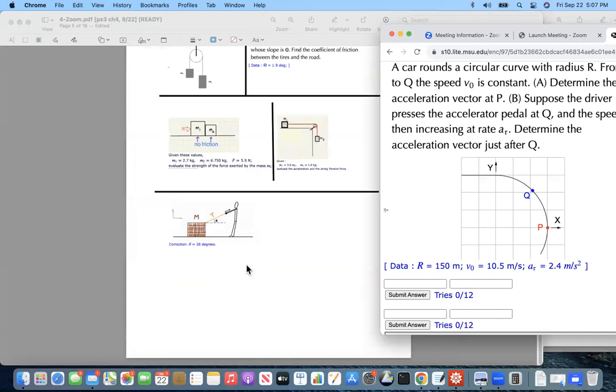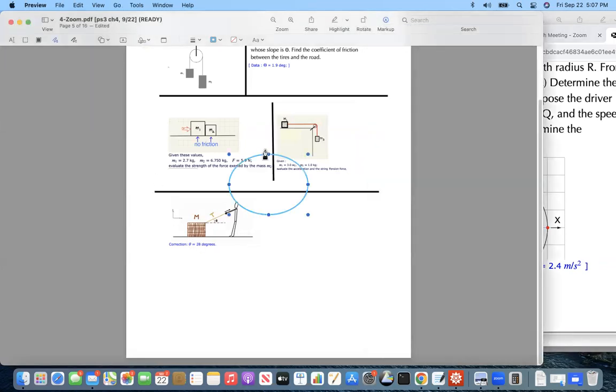All right. So we have here an example of circular motion, but it's not uniform circular motion because the speed is not constant. So I would say the first thing to draw is a circle.